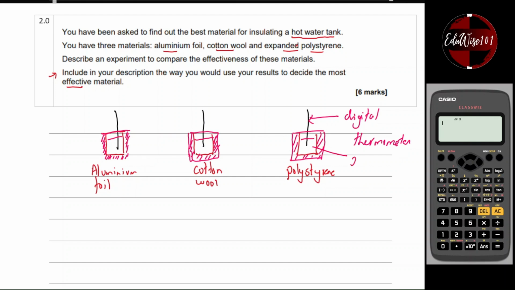Let's say 250 ml of hot water, and that will be the insulation. Water in beaker.